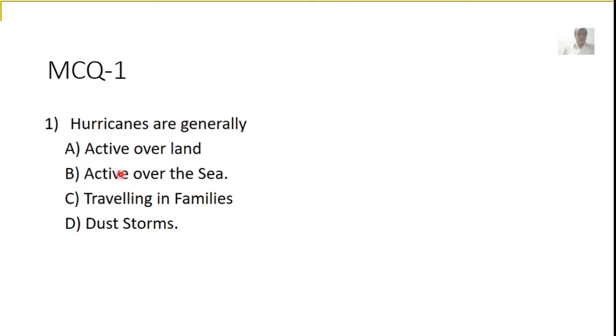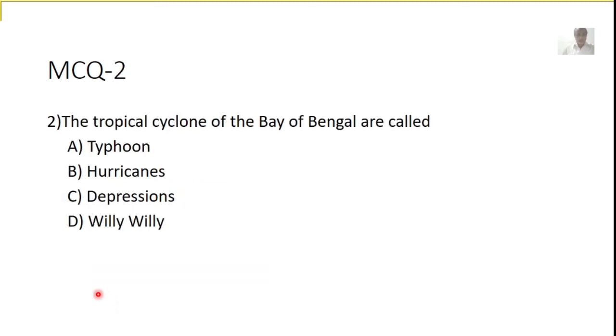Second, active over the sea: cyclones are generated over the sea, but not active over the sea, so this is not it. Traveling in families: hurricanes are those which travel in families. This is the correct one. Answer is traveling in families.